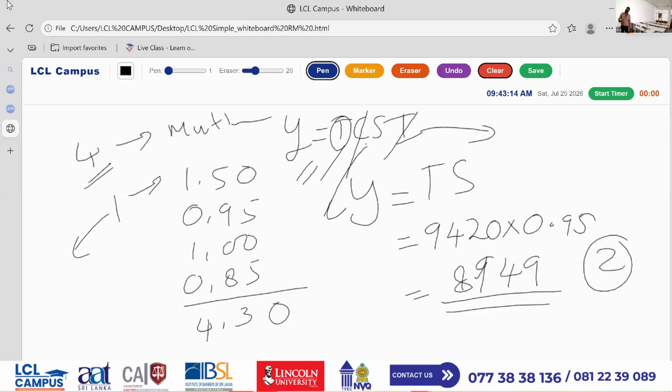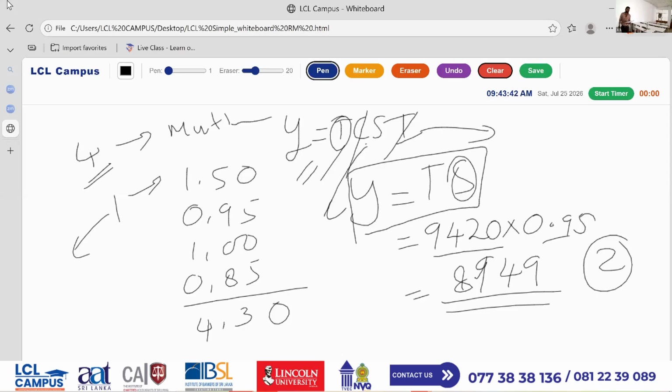Now here, y equals T into S. In this question, the trend value they have given is 9420 for the second quarter. The estimated trend value for the second quarter was 9420. The seasonal variations are provided for all four quarters: first, second, third, fourth.